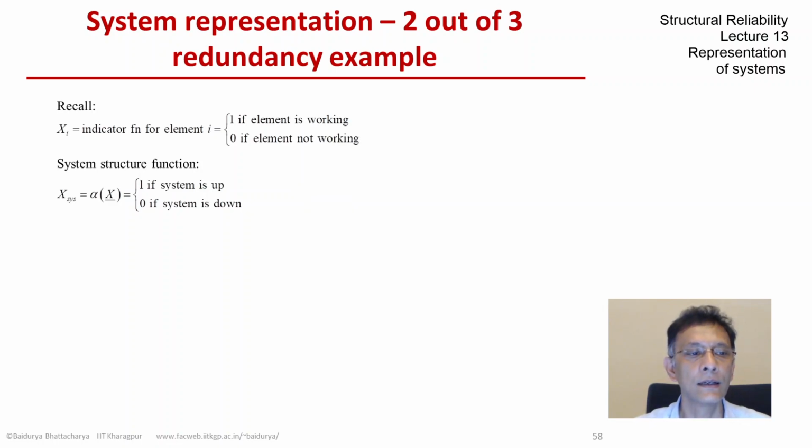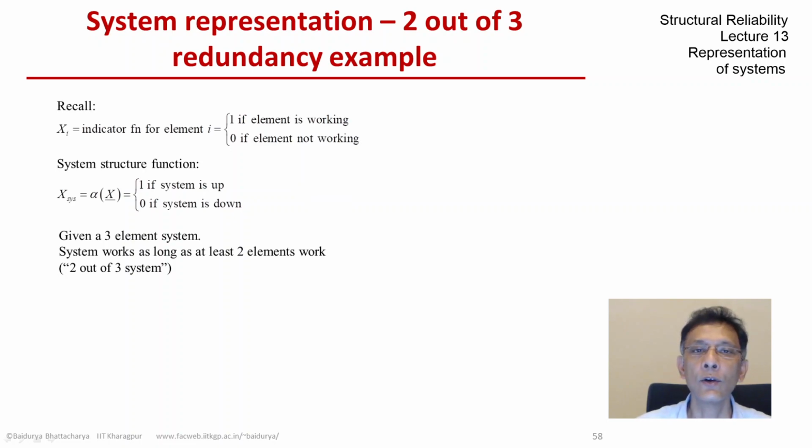Recall that the indicator function of element i is xi, so it's 1 if the element is working and 0 otherwise. So we have the system's structure function alpha in terms of the element states. Now, if we are given a 3-element system and the system works as long as at least 2 elements work, that's very important.